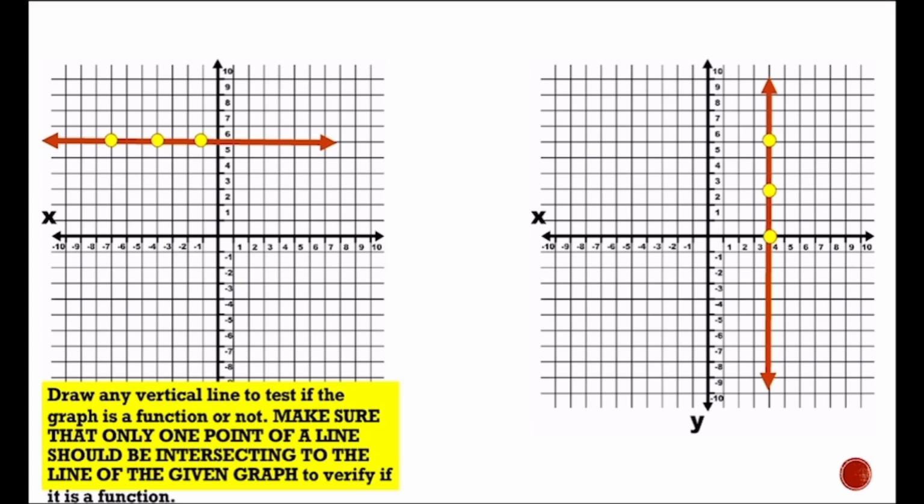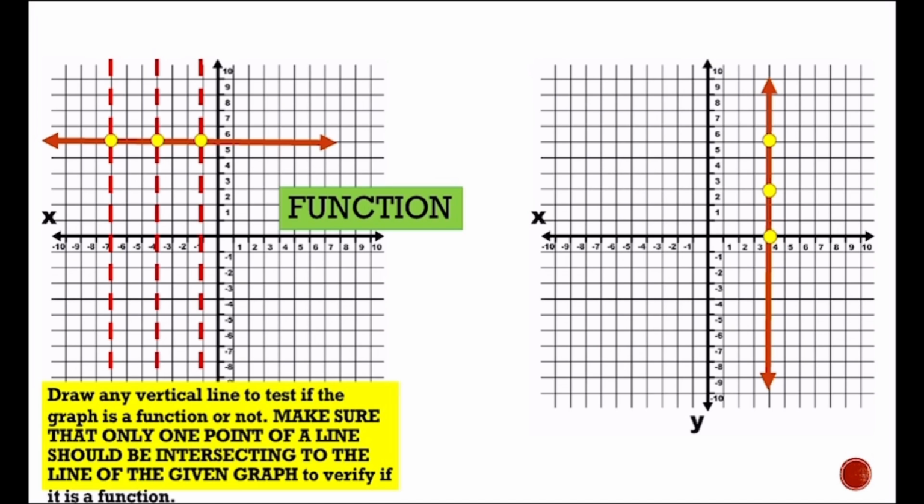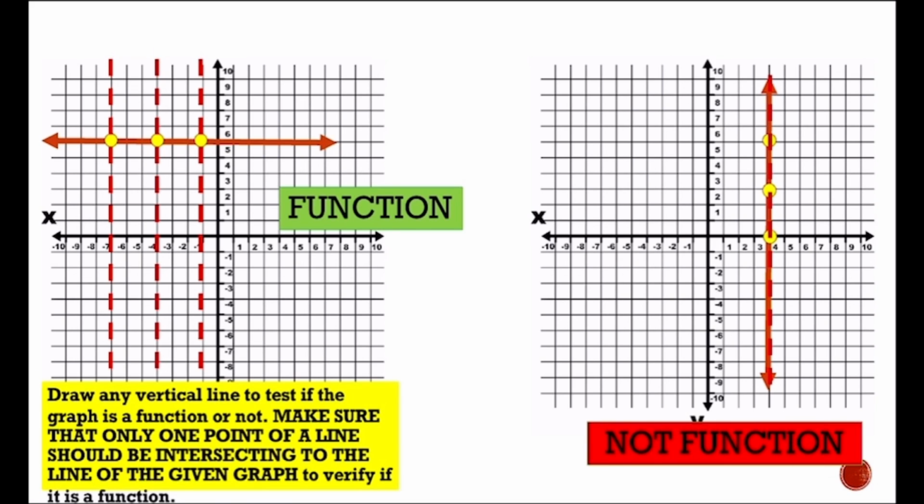Sa unang vertical line test, isa lang ang tumama. Sa ikalawa, isa lang din. At sa ikatlo, isa lang din. Ibig sabihin, ito ay function. Next, dun sa isa naming graph, pag naglagay tayo ng vertical line test, 3 points ang tatamaan niya. Ibig sabihin, this is not a function or this is a relation.